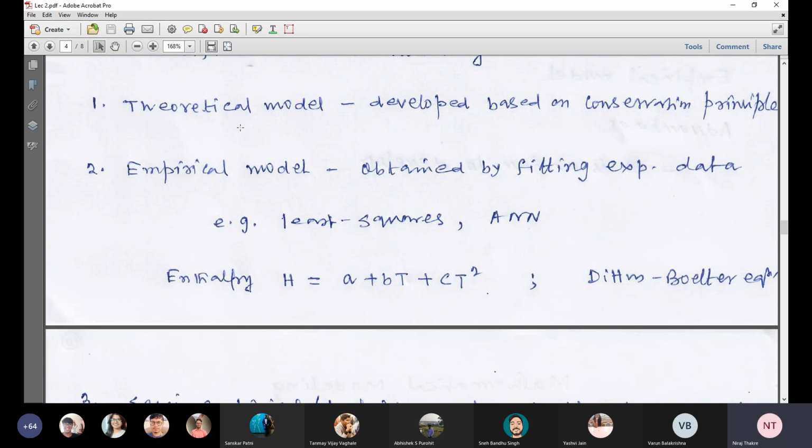Now come to the advantages and disadvantages. Many of you are trying to say, what are the advantages of the theoretical model? Anyone? It is most precise.